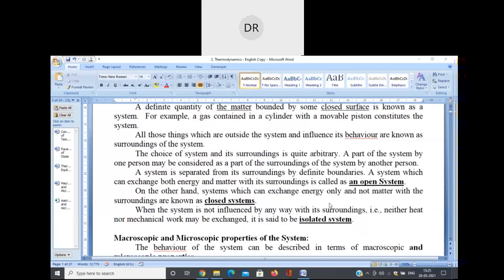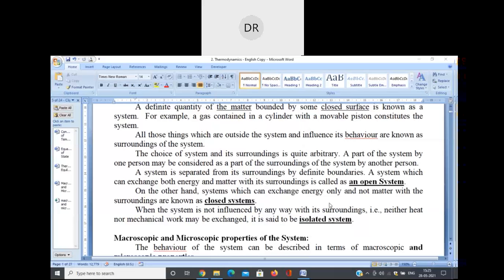That means when we boil water, the water vapor may enter into the surroundings. Similarly, the heat may enter into the surroundings. That type of system is called an open system. If the system exchanges only energy, not matter, then those are called closed systems. Only energy; they cannot exchange matter.